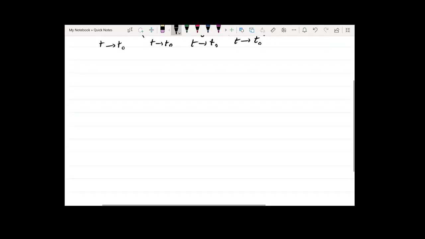For example, suppose r of t is equal square root of t, 1 over t minus 4, and e to the t. We want to find the limit of r of t when t approaches 3.